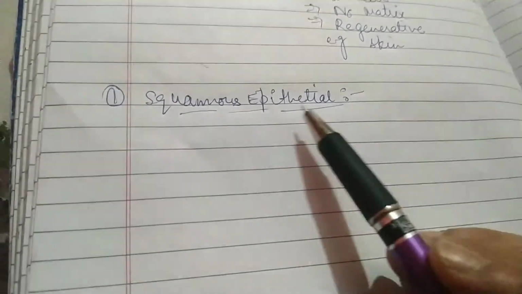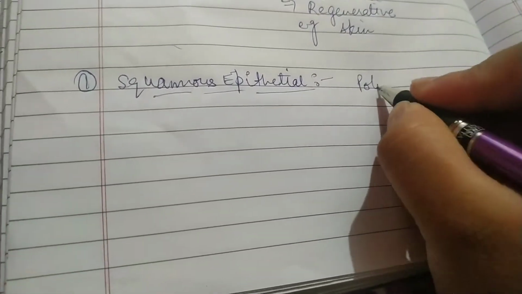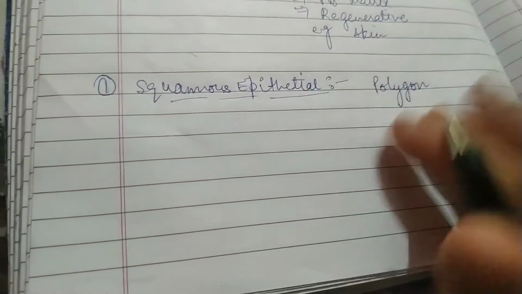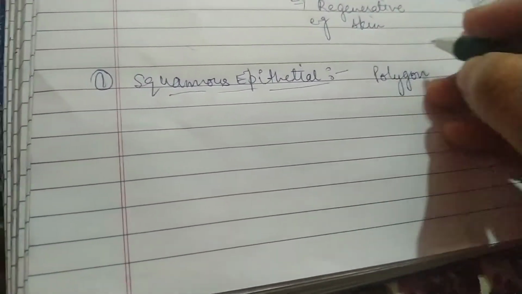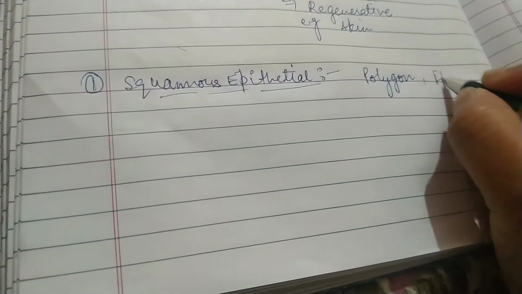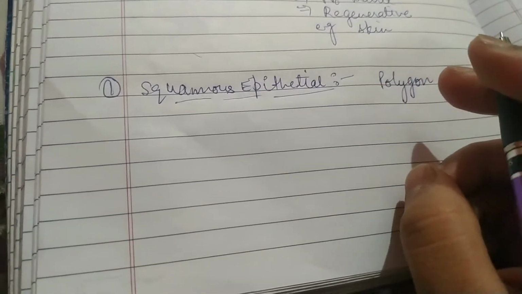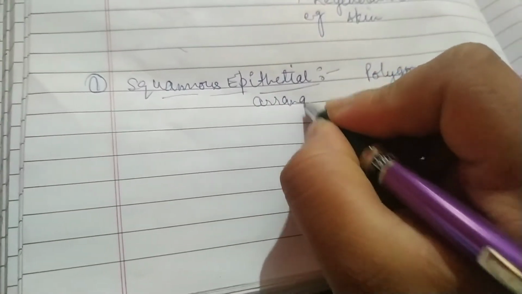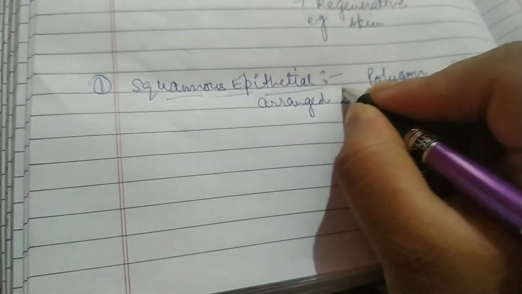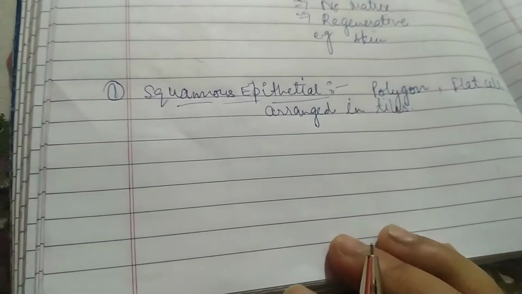Squamous epithelium is basically polygon in nature. It has flat cells, and these cells are arranged like tiles, like the tiles you have seen in your home.